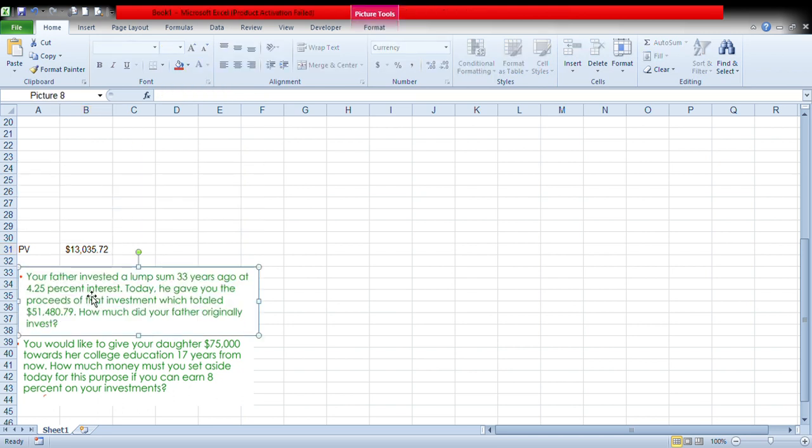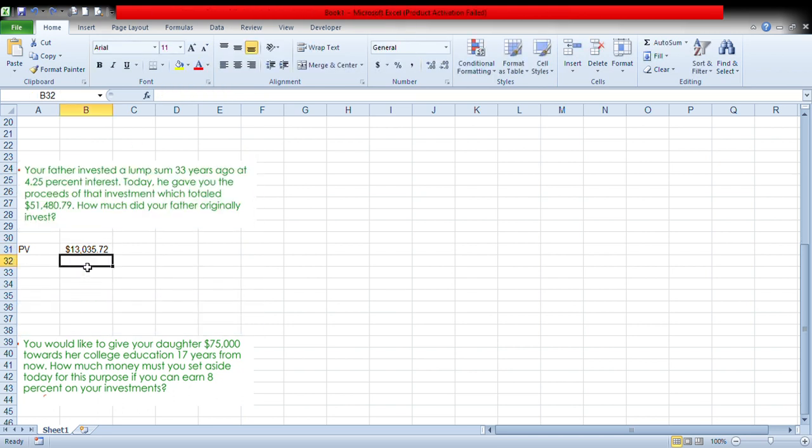Okay, now I am going to calculate it with the mathematical formula. What is the mathematical formula? Future value, which is 51,480.79, divide by 1 plus the rate, which is 4.25%, and then power, which is n.